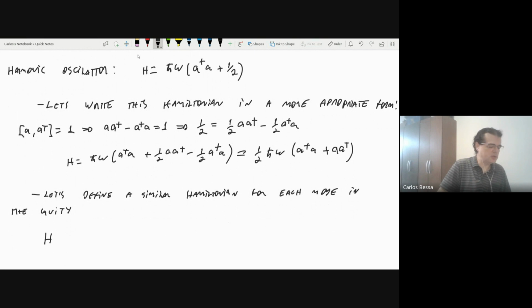I'll define a Hamiltonian H_k lambda, using this notation, equal to 1/2 H bar omega, omega for each mode, times (a dagger_k lambda a_k lambda plus a_k lambda a dagger_k lambda).